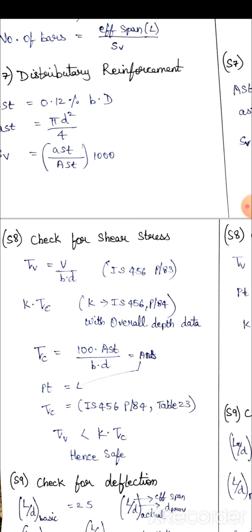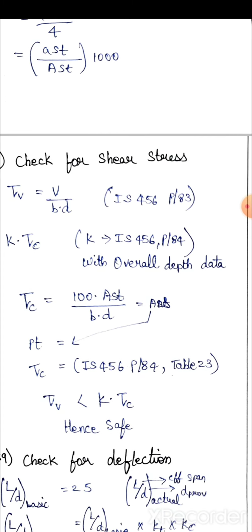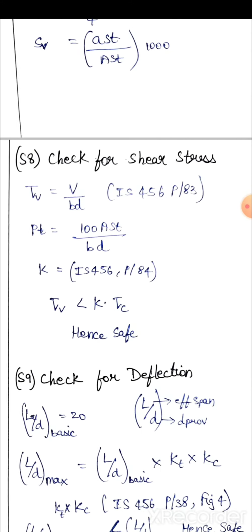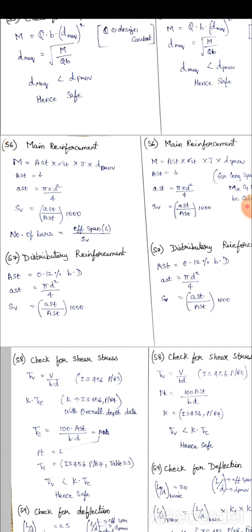Referring to this table, we'll find tau c value. So if tau v is lesser than k tau c, it means the design is safe. One-way and two-way slab check for shear stress is same.